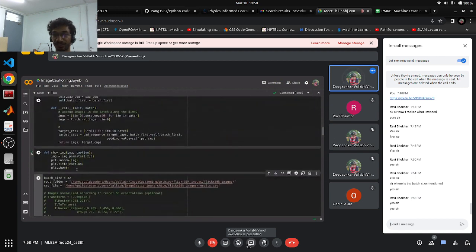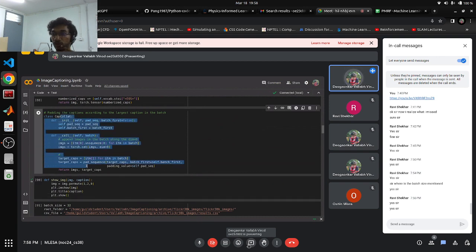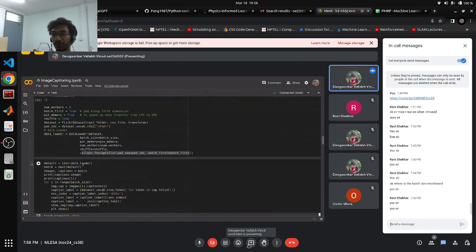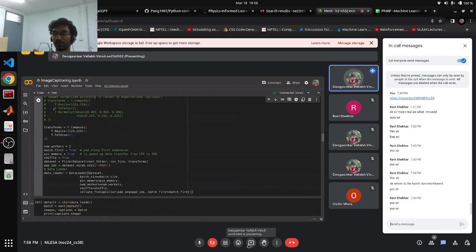The appending or putting of padding on all of those captions is also sent in as a function to this data loader. So whenever I call a batch, it will automatically apply this function on the captions. Okay, so that is what is going on in this entire block.